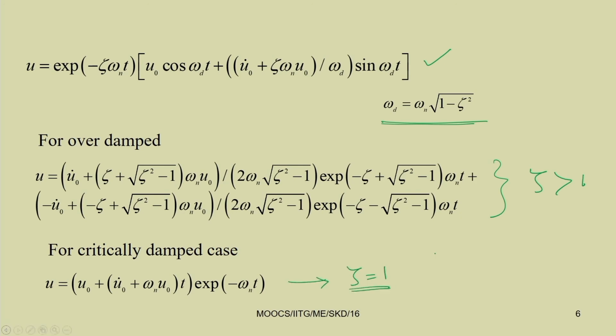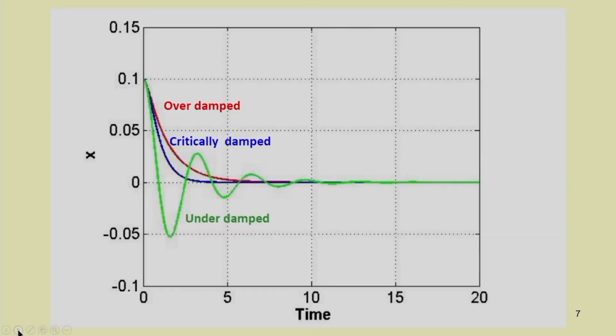In both the cases similarly we can get this expression, and by plotting all these three, you can see this response is for an overdamped system, the middle one is for critically damped, and the oscillatory motion is for the underdamped case. In the underdamped system the response reduces and comes to the steady state value as t tends to infinity.